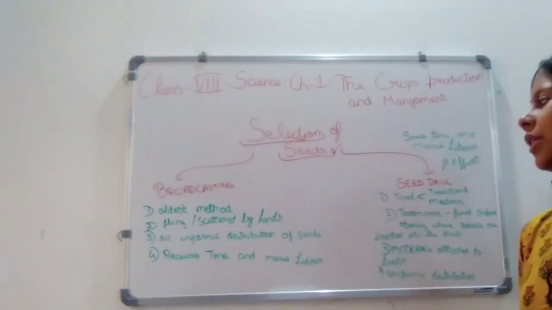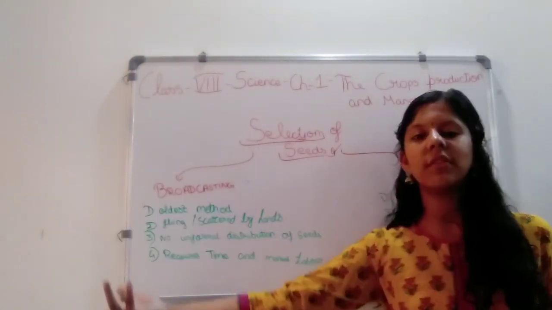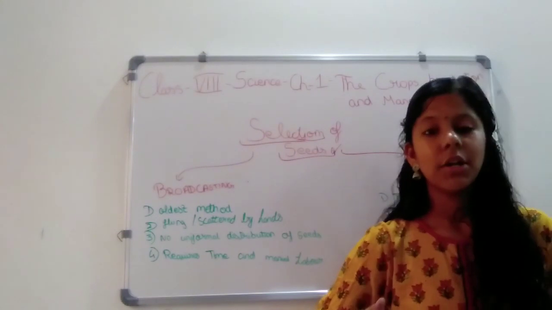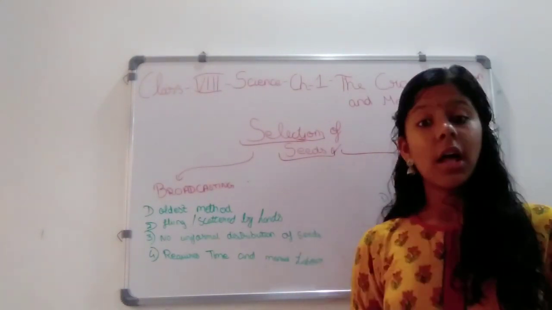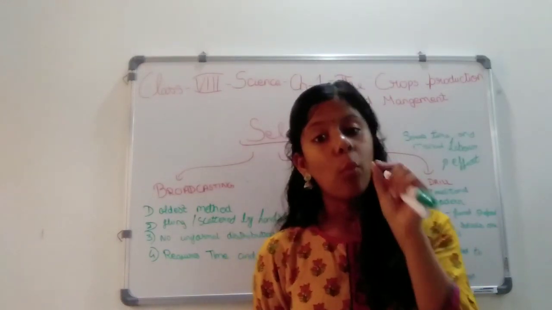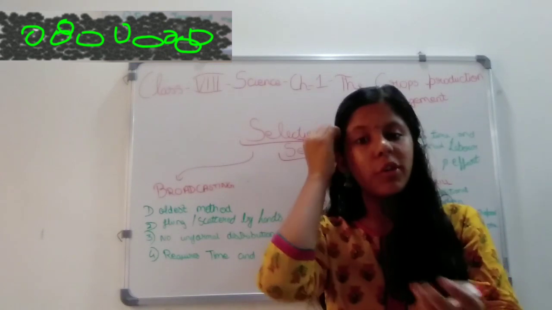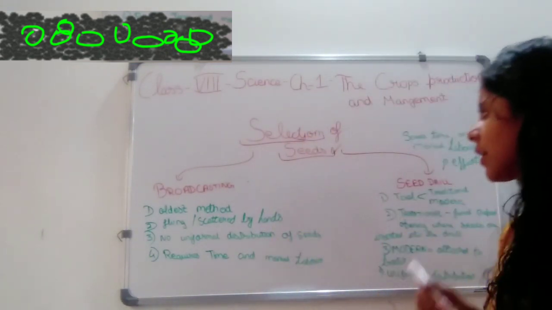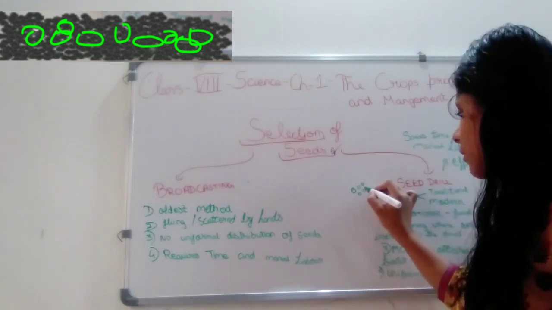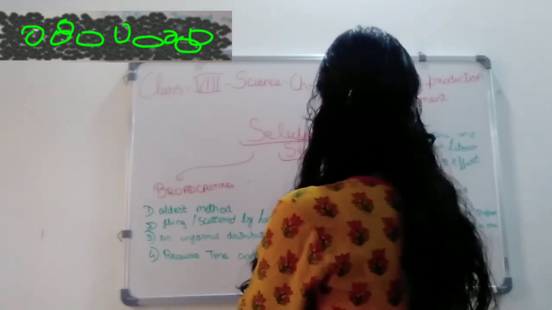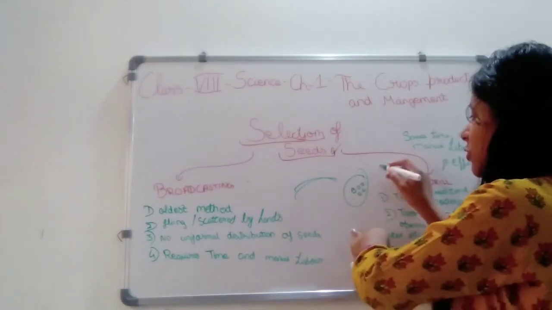Okay, so there is no uniform distribution of seeds. If I throw the seeds, as I said, there will be no uniform distance. There are many chances that at a particular place two or more seeds can fall, right? Like I'm throwing it over here, the seeds will fall on a particular place, so this is wrong.